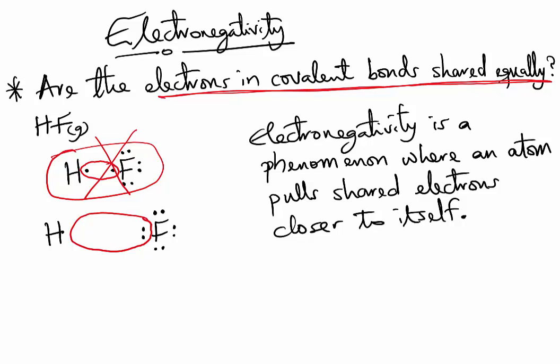So as far as hydrogen is concerned, hydrogen is thinking that it has lost 1 electron, the 1 electron it contributed. In reality, it has not. It is just that the electron is very far away from hydrogen.